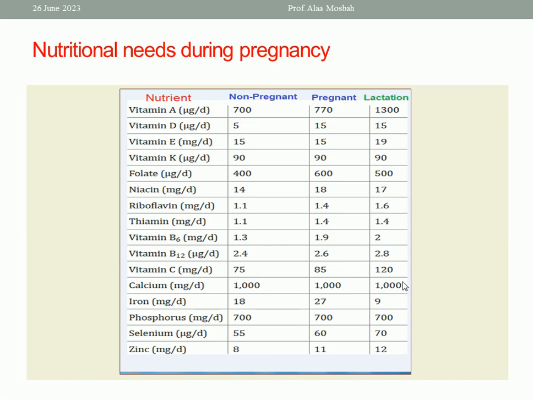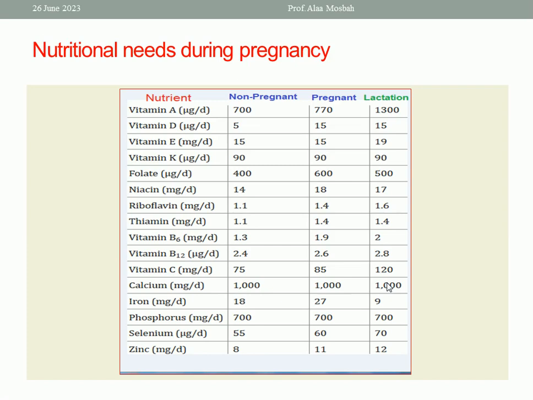This is as regards folic acid and should start in the first trimester. And if there is previous history of neural tube defect, like spina bifida, like anencephaly, and so on, you should start folic acid supplementation before pregnancy by 1 month at least, up to 3 months. Okay, then every day during the first trimester.